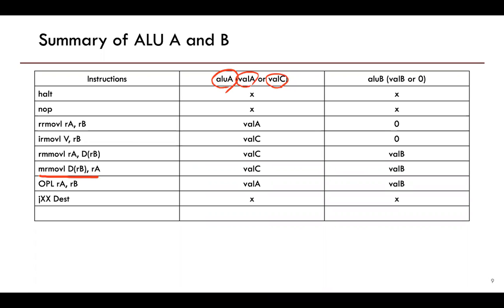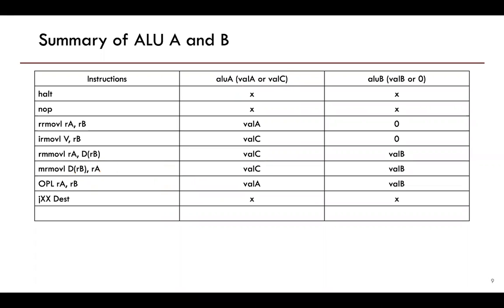So we need to calculate the memory address, which is val B plus D, and D is actually val C. So then we should select val C for ALU A, and also we select val B for ALU B. Okay, and what about RA again? Now it is the destination register, to store data coming from memory. Again, it has nothing to do with the ALU module.